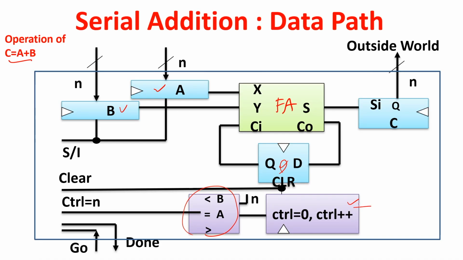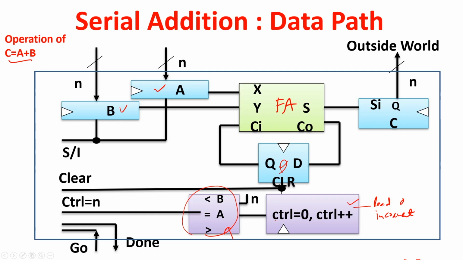So two operations are required in this register: one is load, where this register can load 0, or increment. And here there is a comparator which can compare the current control value with n.